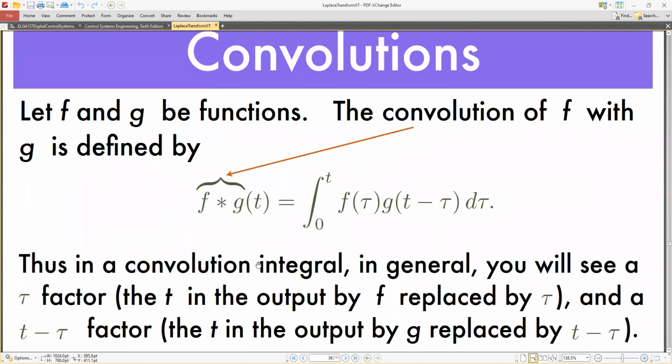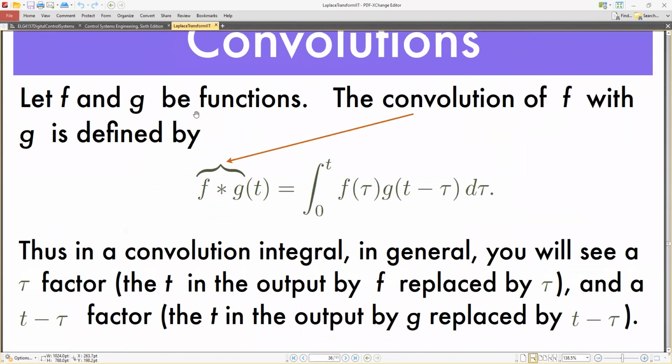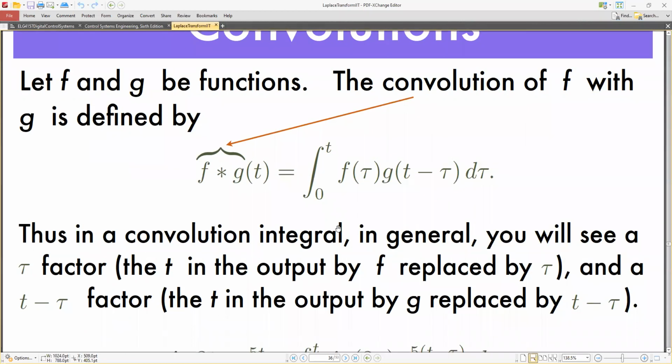Convolutions. Let f and g be functions. The convolution of f and g, we know that this is the way of writing the convolution. That is the formula. In a convolution integral, in general, you will see a tau factor.